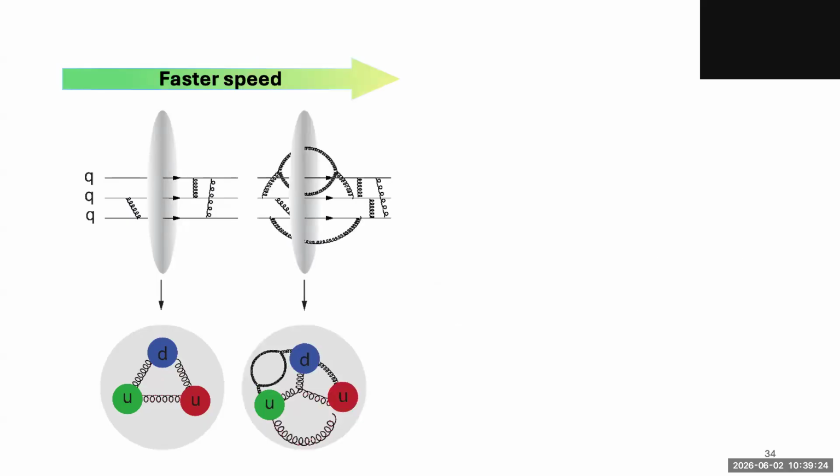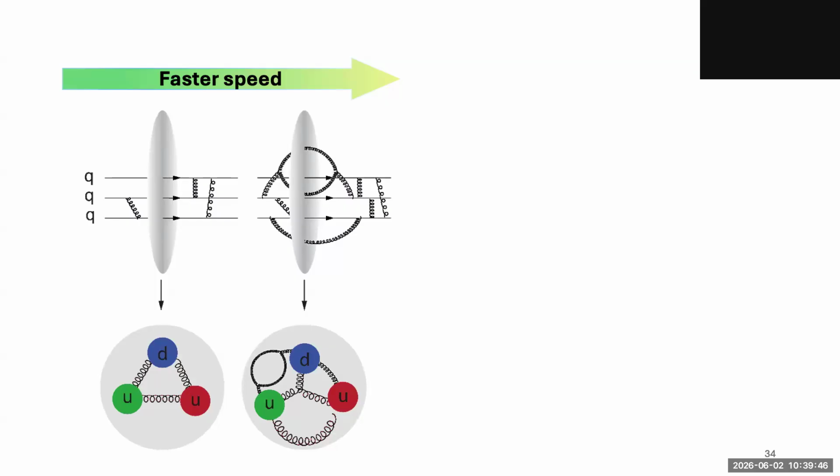Now, when you go to higher speed, all of a sudden you start to see gluons come out. And that is the core physics of our field, right? When you accelerate the proton, you start to slow down the proton in terms of its time. This is literally the relativity effect.